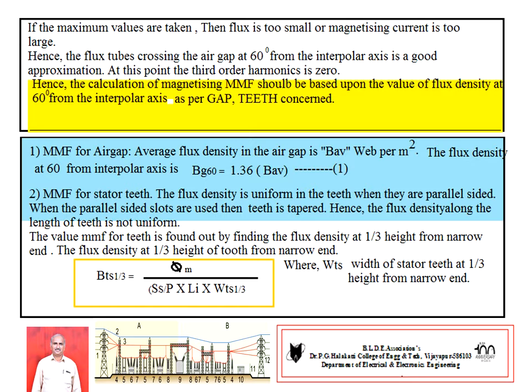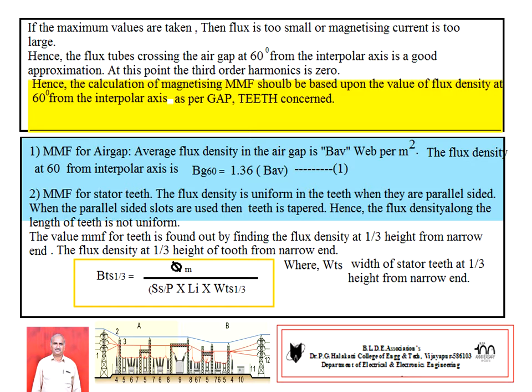But if we are using tapered teeth, then flux density goes on changing because width goes on changing from narrow end to bottom, area goes on changing, flux density also goes on changing. Hence, it is a complicated process.